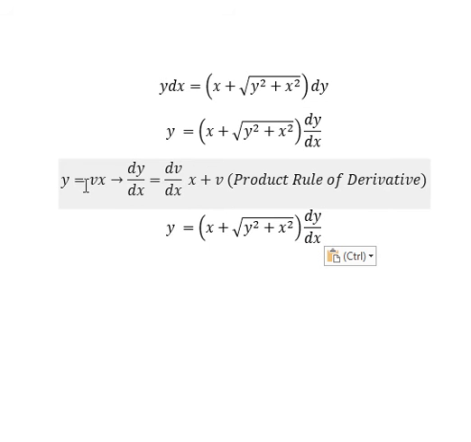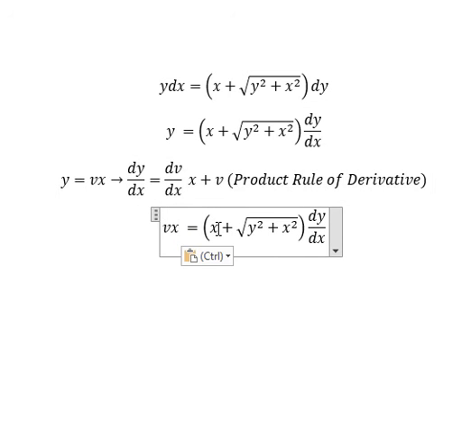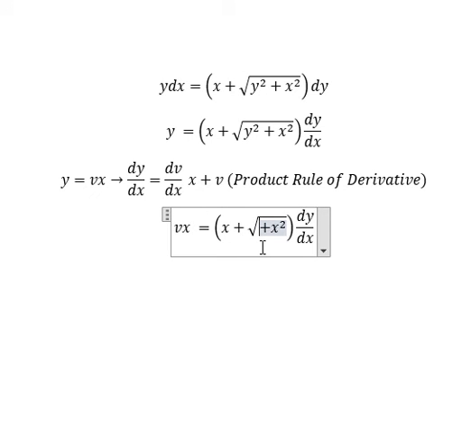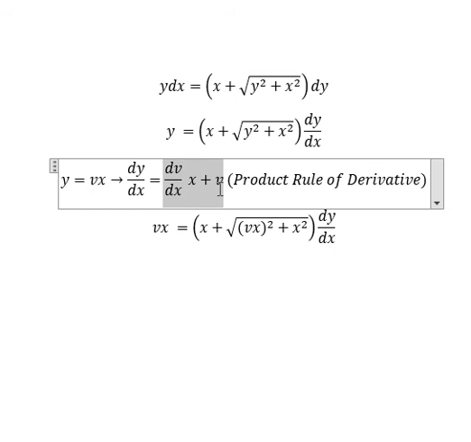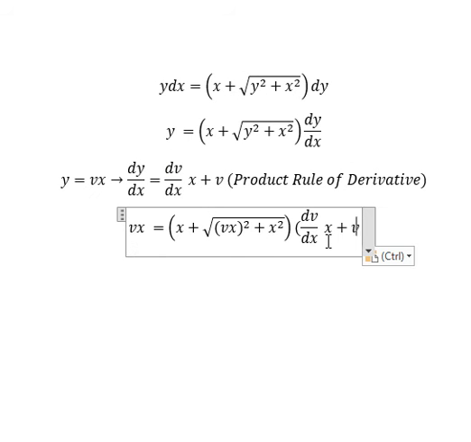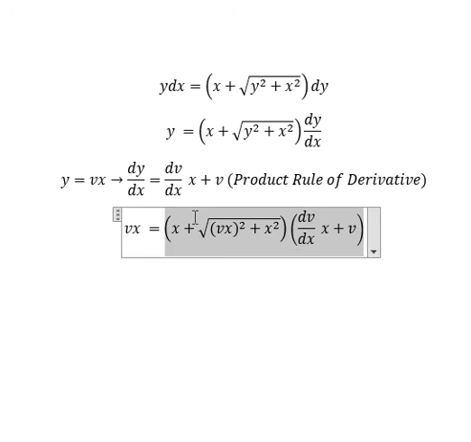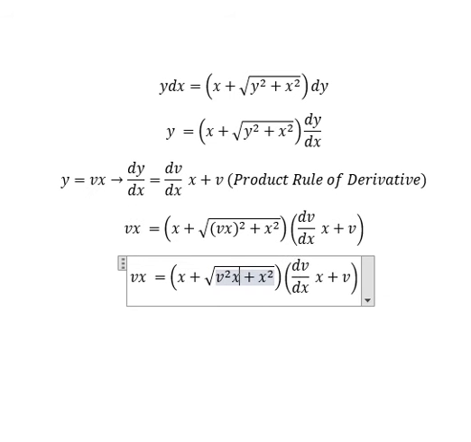About y we change for vs. Similar for this one. This one we change for this one. This one we have v squared s squared.